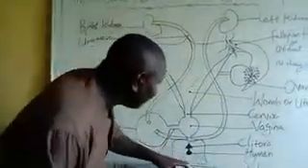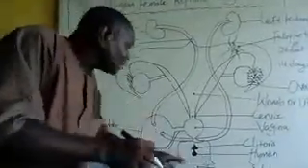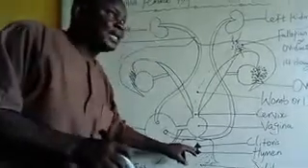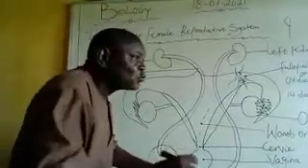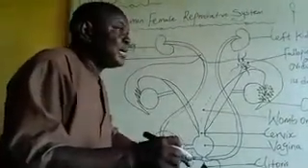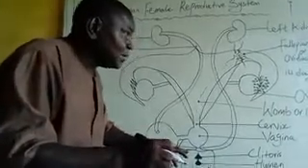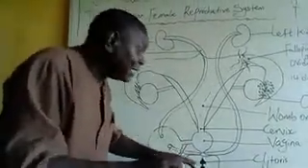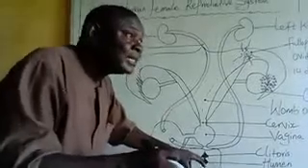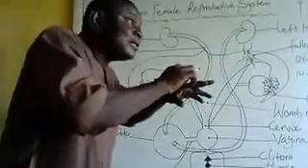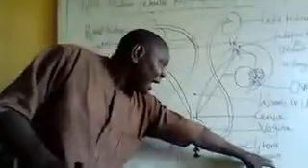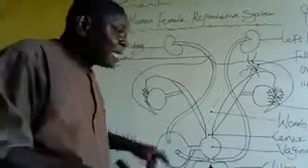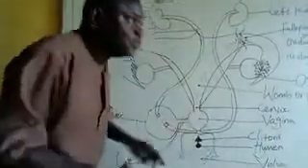Alright? We have a hymen. Hymen is a skin that covers the opening of the vagina. When a lady has not committed sexual intercourse in her life, the opening of her vagina is sealed by the hymen. That is to say, that lady is a virgin.